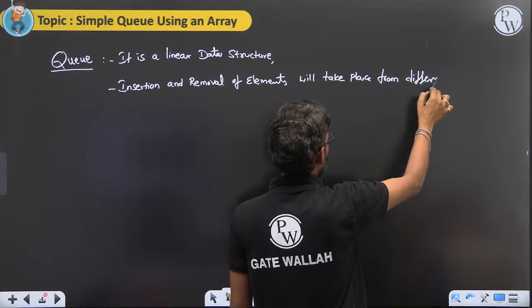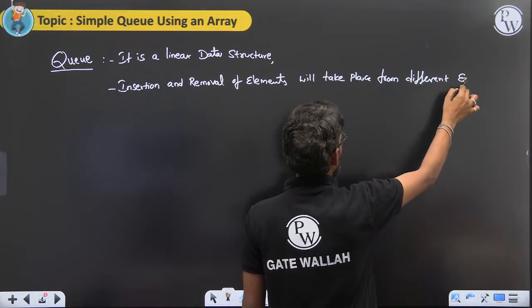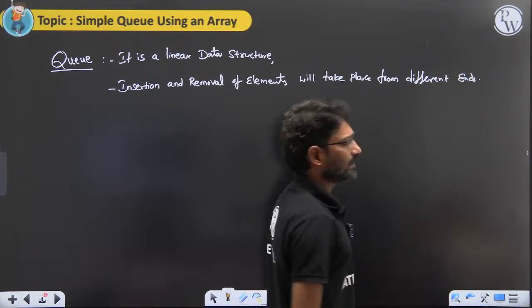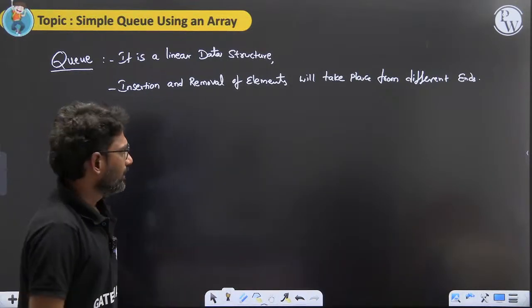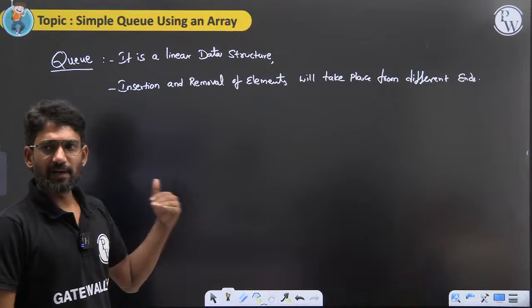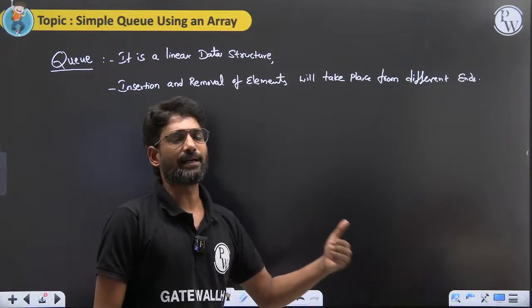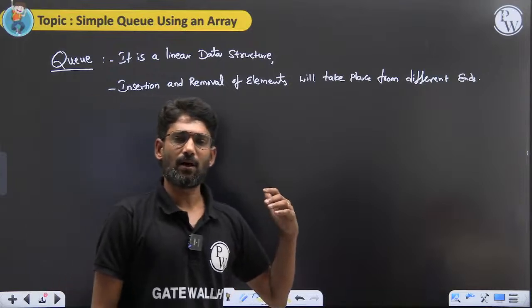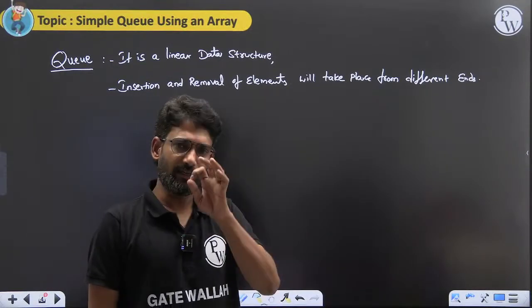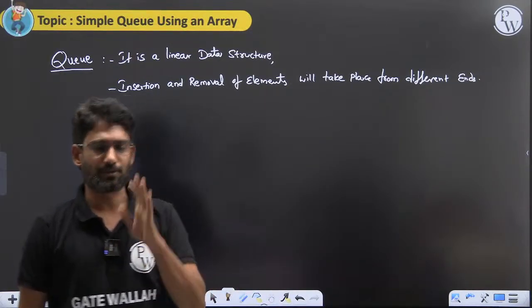Unlike a stack, we insert and delete from different ends. So, from one end you are inserting, from the other end you are deleting. Sir, will this be the case always? Again, here there is a small clause.